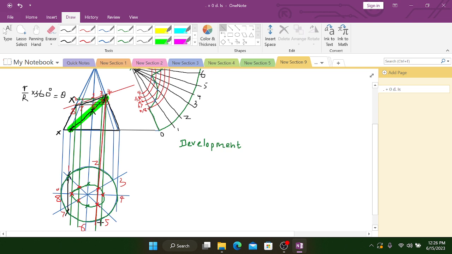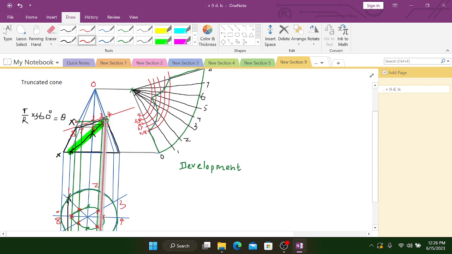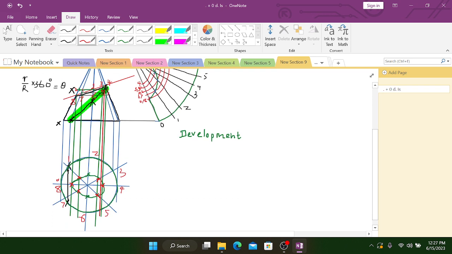There's a minor change here. From this blue color line there will be a point I want to take directly downwards. Then through 4 there is also a green color point.